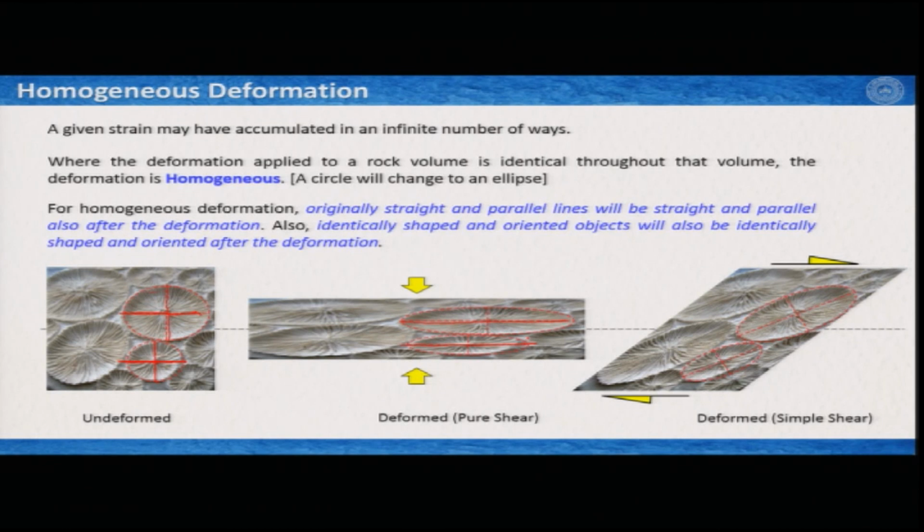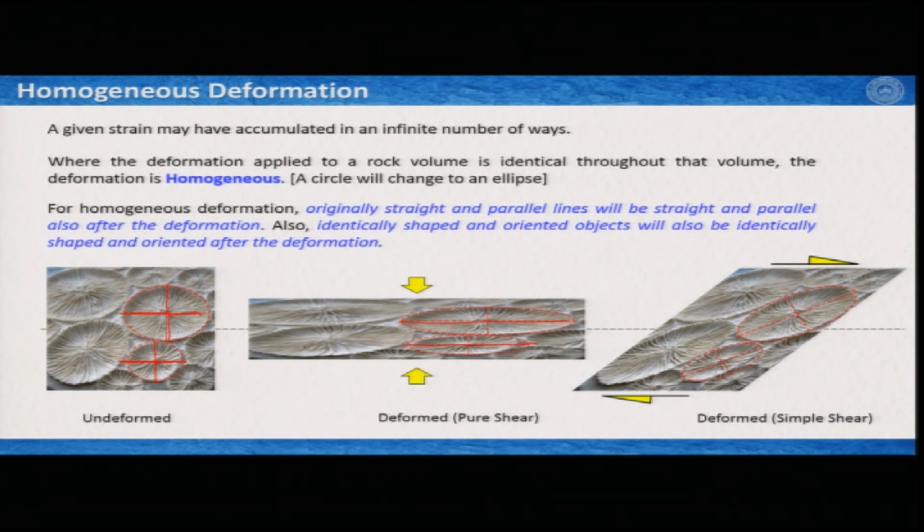So in that context, it is homogeneous. The second context was identically shaped and oriented objects will also be identically shaped and oriented after deformation. What we see here, these were circles, and after the deformation all of them became ellipses.